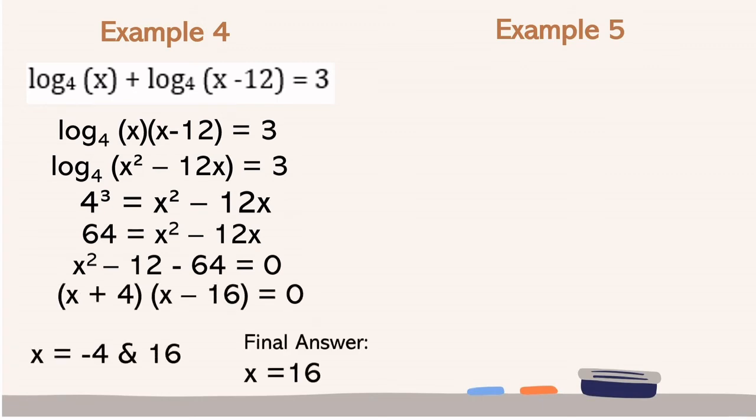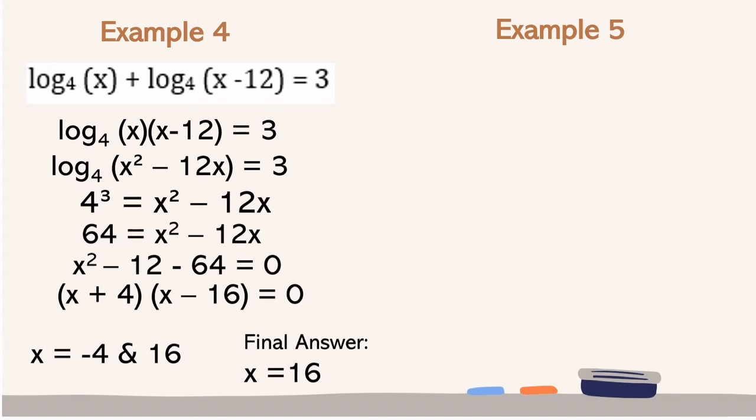Example number 4. Solve for x if logarithm of x to the base of 4 plus logarithm of x minus 12 to the base of 4 equals 3. First, simplify the logarithm by using the product rule as follows. So now it becomes logarithm of x times x minus 12 to the base of 4 equals 3.